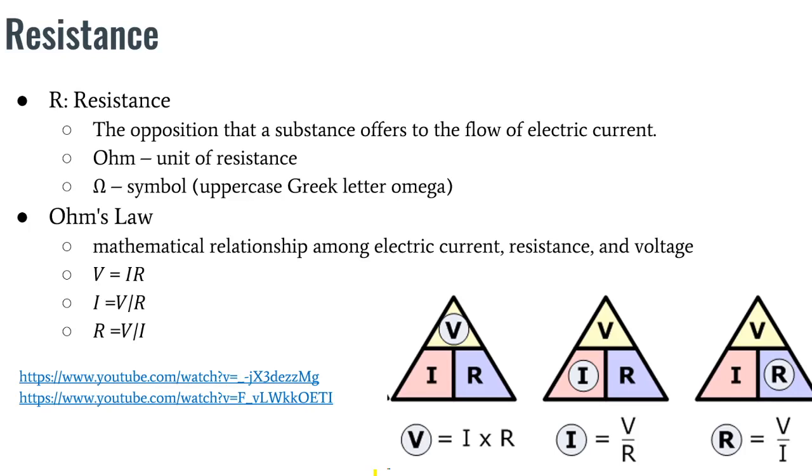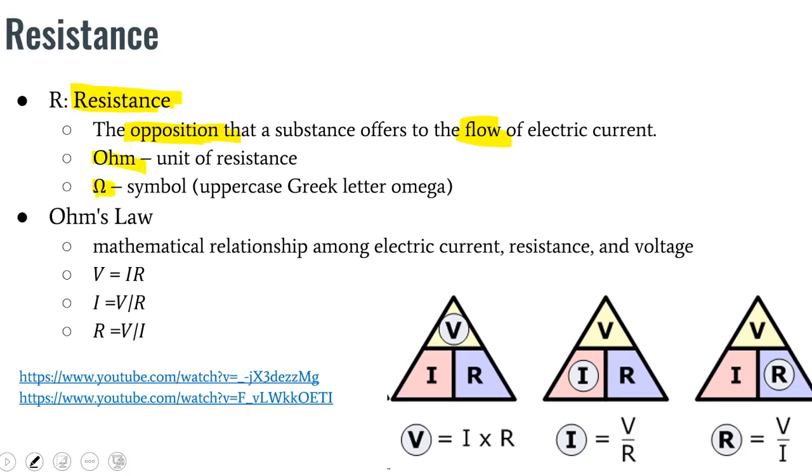So even when we have conducting materials that can transfer electricity from one end to the other, there would still be some level of opposition for the flow of electricity. That opposition for the flow of electricity is what we call resistance. And the unit for resistance is ohms, and the symbol is normally omega.